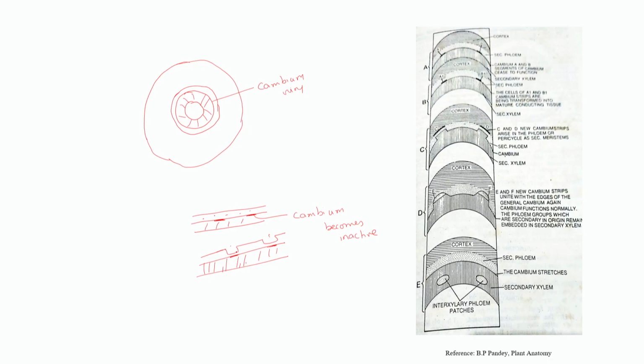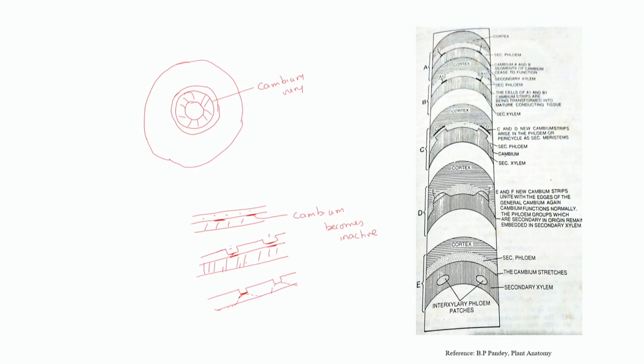A cambia at this particular point in the phloem region or in the parenchyma, which is slightly above phloem, maybe somewhat this position or this position, they will start becoming active. Okay, they will start becoming active, and then this cambia will join the original cambia.